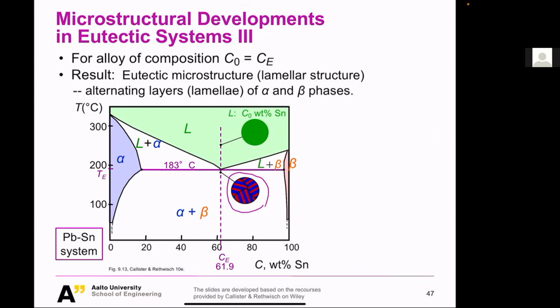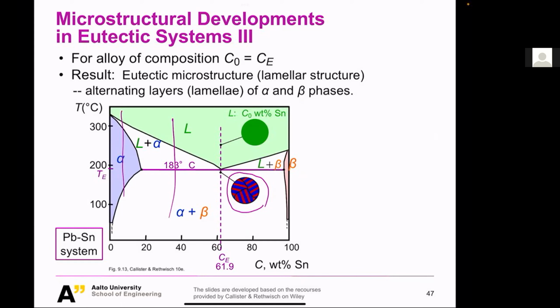This is a very unique feature of the eutectic point, because you are not creating a liquid and solid solution like anything here or there. You go directly from liquid to two solid solutions. So this is the unique feature of creating such an alternating or layered structure. Because if you remember, the phase transformation deep down is driven by diffusion, right? Remember this.